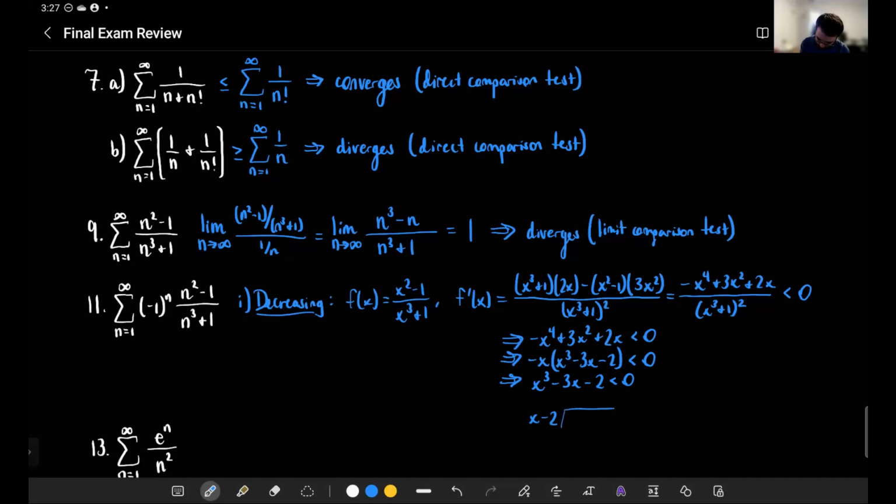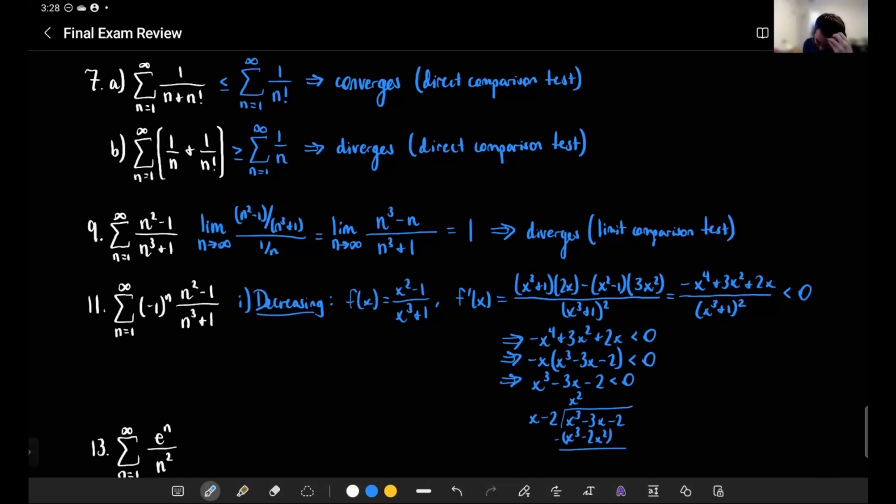And then I guess I could find the other factors of this by doing long division of polynomials, which it's been a while. Put the x into x cubed, you get x squared, then multiply down, you get x cubed minus 2x squared. That's the term we're subtracting.